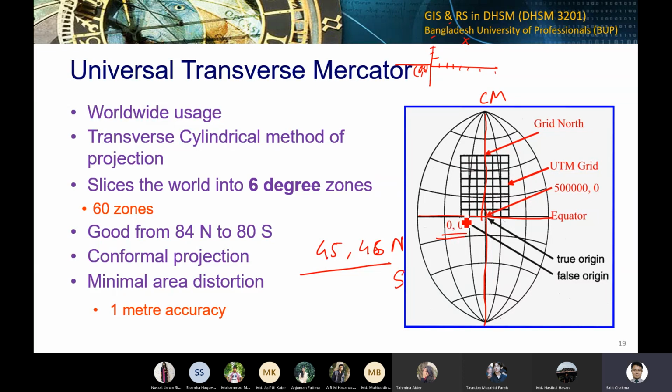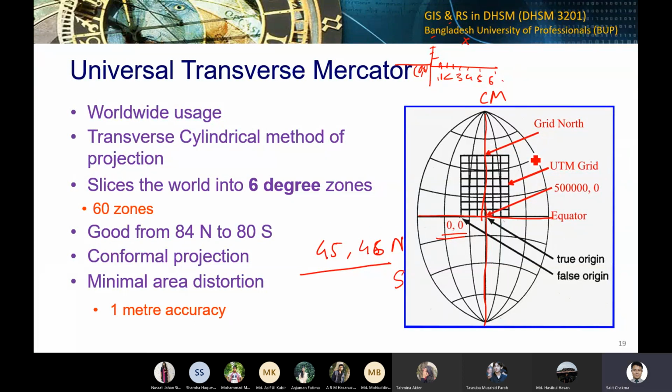This false origin point is not located at the true origin point, of neither that zone nor the entire coordinate system. Arbitrarily we select a point as the false origin point, and based on it we can start calculating our x values and y values.